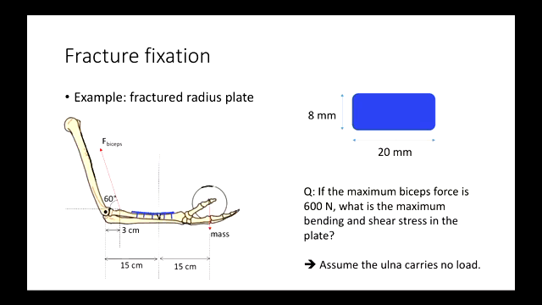But as an engineer, the surgeon might come to you and ask, what do you think? You don't have time to be running a simulation. So with this, just drawing a free body diagram, you get your moments and forces, and you can make a few estimates. From that we see that for an 8 millimetre thick plate, we've got a massive amount of redundancy. It's way stronger than it needs to be.